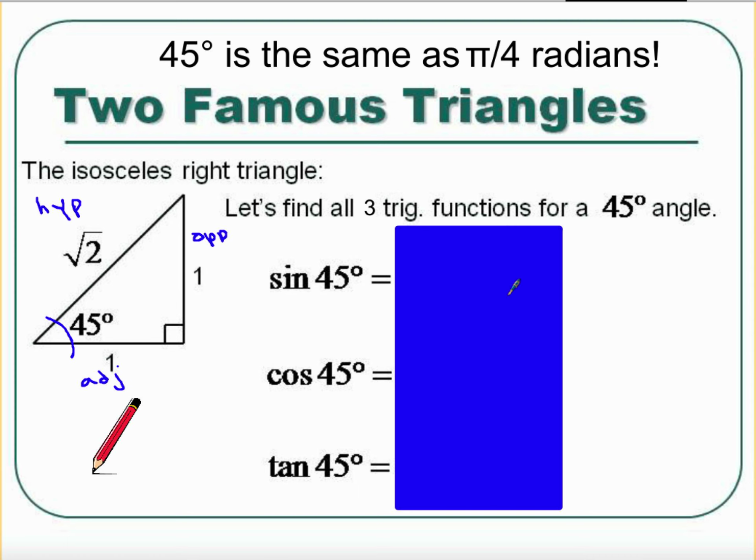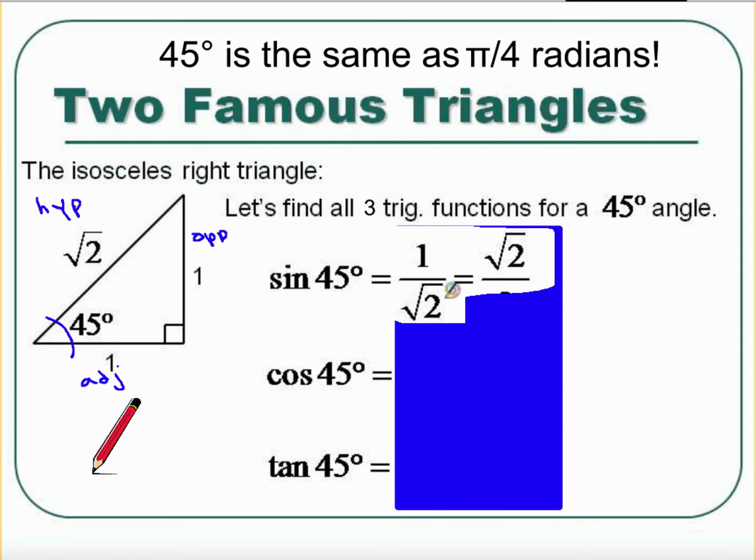So let's try and find all three of the trig functions for a 45-degree angle. So for the sine of 45, we're going to have our opposite divided by the hypotenuse. Well, the opposite side was 1, and the hypotenuse side was the square root of 2.